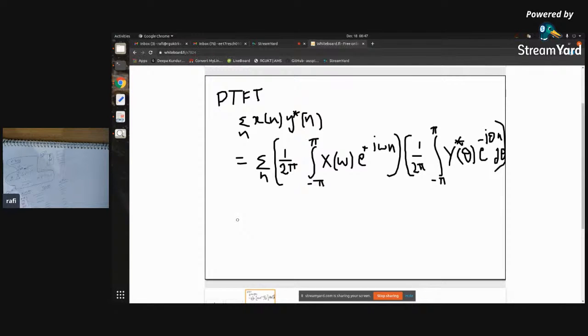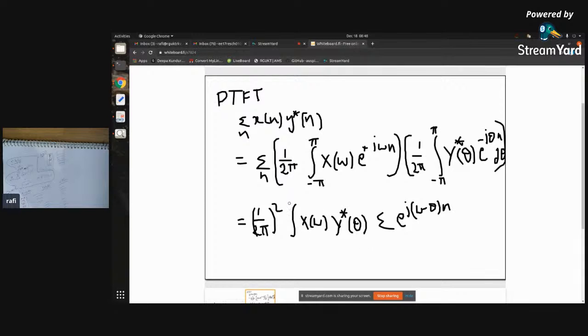Now we take the summation inside, because the integral is a linear operator, and 1 by 2 pi whole square you can put to one side, and you have a double integral of x of omega y star of theta, times the summation which, when you combine these two, is e power j omega minus theta of n.